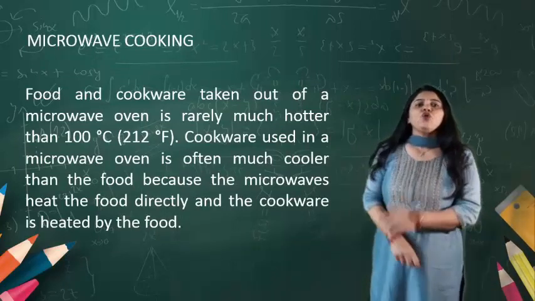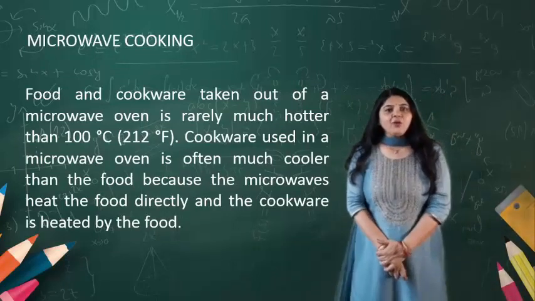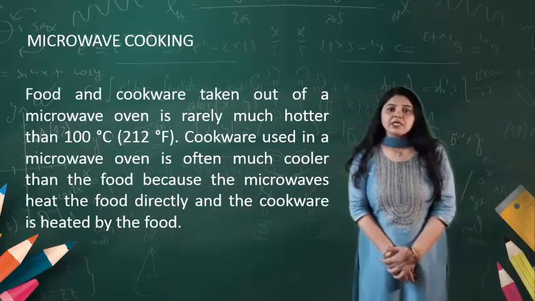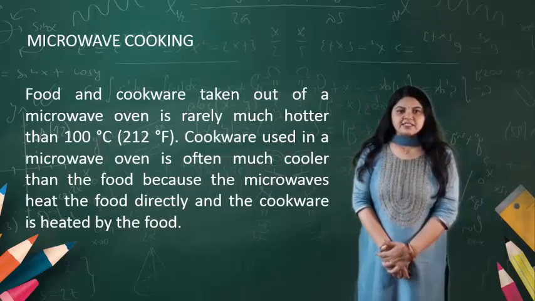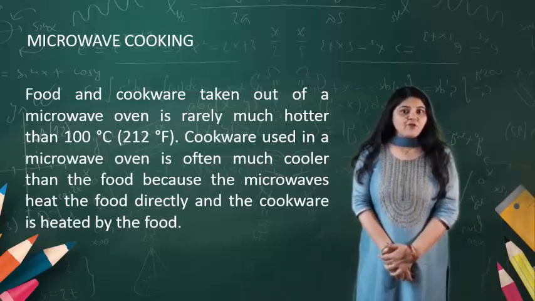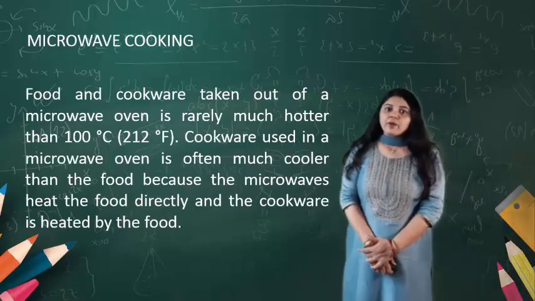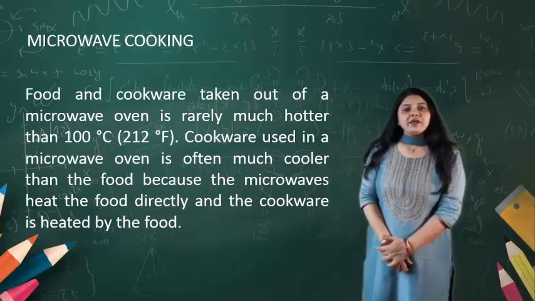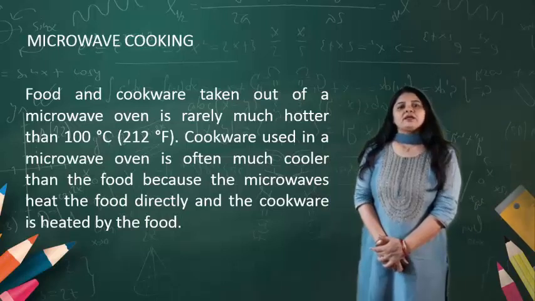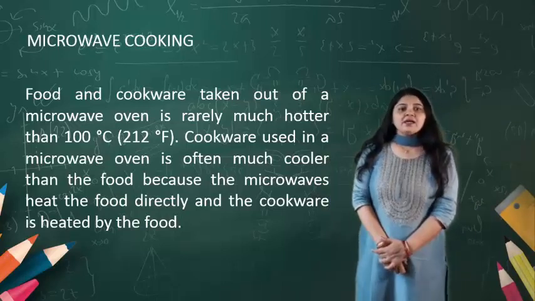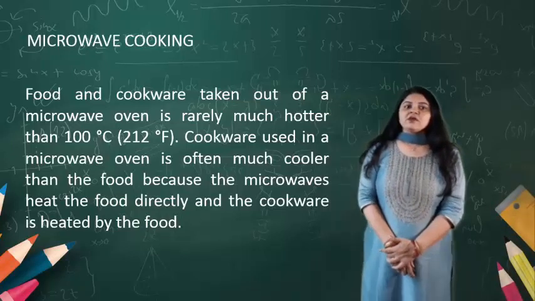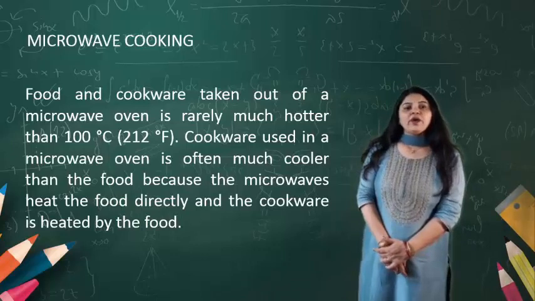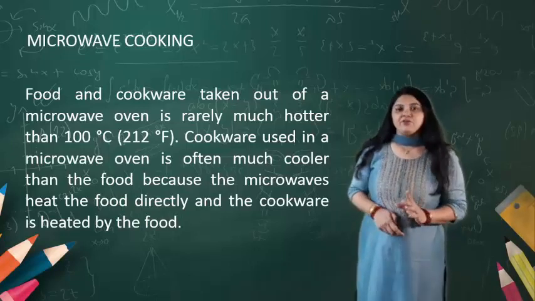Food and cookware taken out of a microwave oven are rarely much hotter than 100 degrees Celsius. You have to be careful while selecting the cookware to cook the food. Cookware used in a microwave oven is often much cooler than the food, because the microwaves hit the food directly and the cookware is heated by the food.